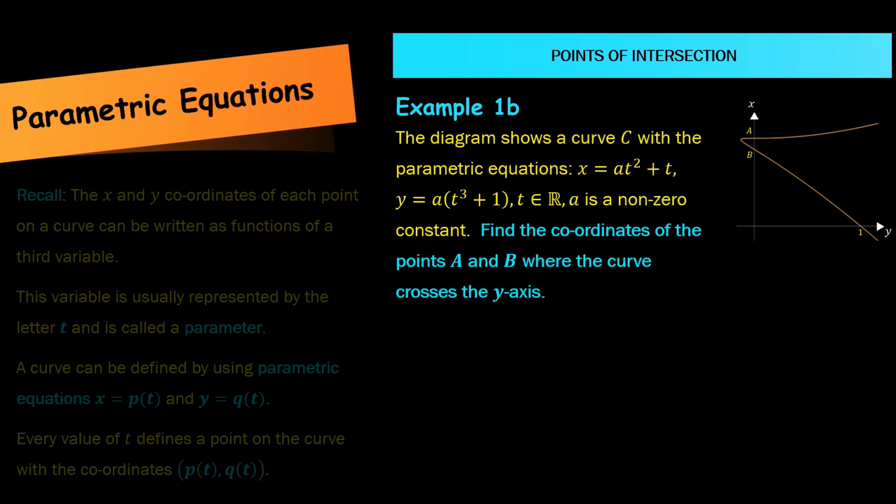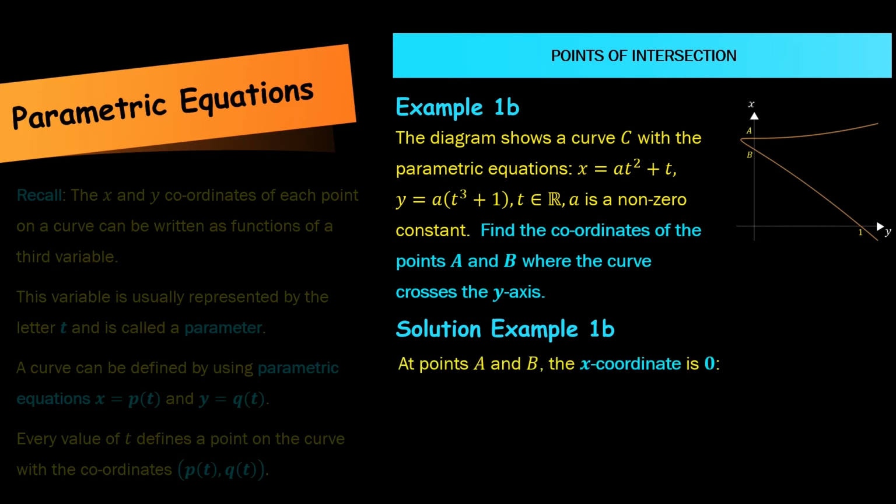We are required to find the coordinates of the points A and B where the curve crosses the y-axis. So let's solve this. At points A and B, the x-coordinate is 0.